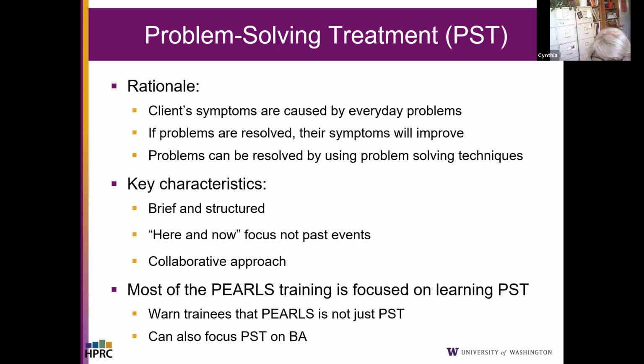Then we set this into realistic goals. Can I make this happen by the time we visit again? If the goal is to go on a trip to Alaska, that's not going to happen in a week, or at least I don't think so. So make it realistic and use I statements in the goal: I will do this, I will make this happen, so that it's something you do, something you have power over.